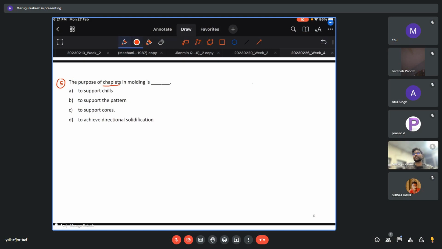Any other? Yes. So basically chaplets are used to support the cores.